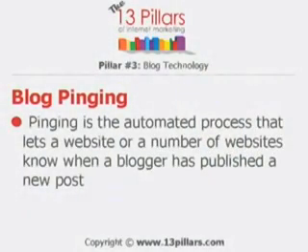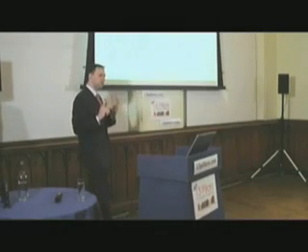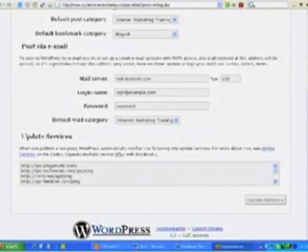Blog pinging. Now, pinging is the automated process that lets a website or a number of websites know when a blogger has published a new post. This is a superb part of blog technology when you're talking about internet marketing. As you see here, there is a list of update services in the back office of my WordPress blog.